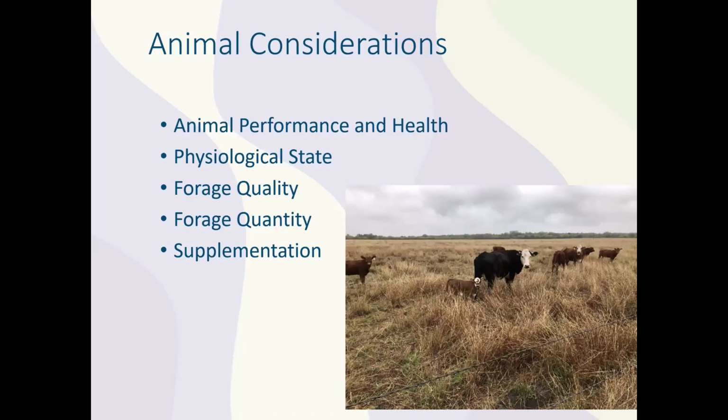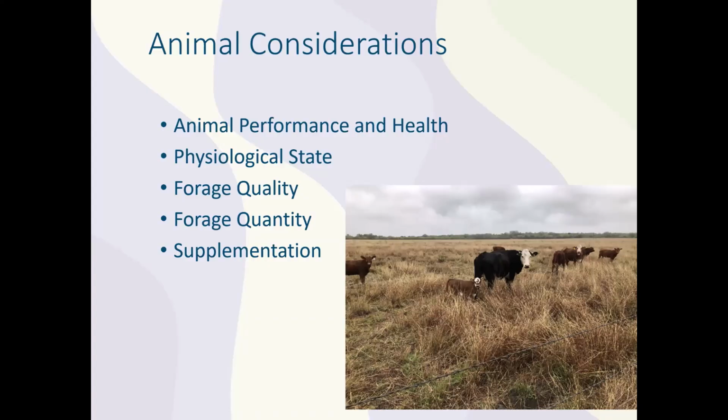Before we get into that, Dr. Miller did a great job on the plants and dormancy, and I want to state that part of our supplementation plan and our grazing plan needs to be thinking about what plants are doing this time of year and the stage of dormancy they're in.